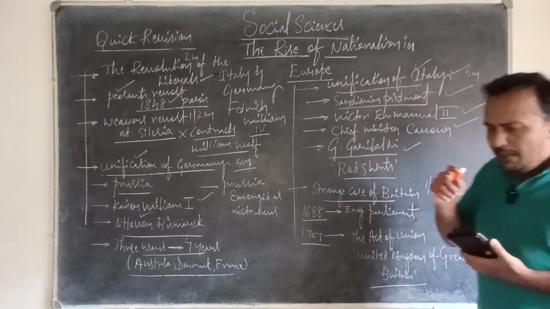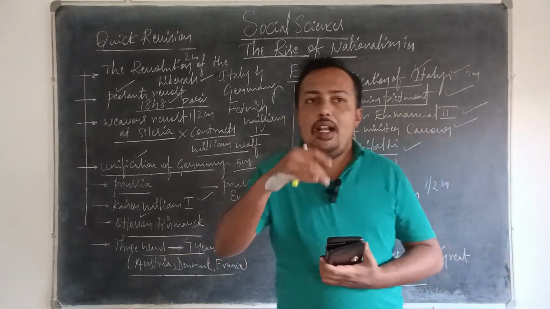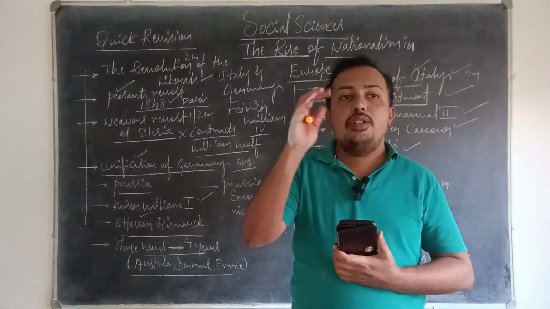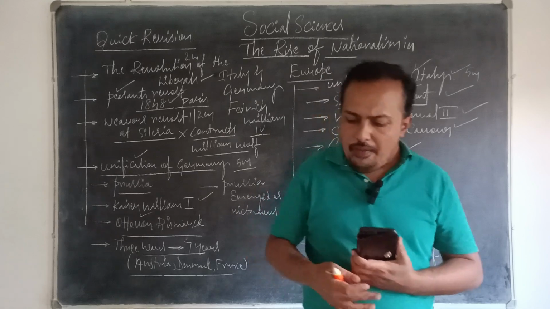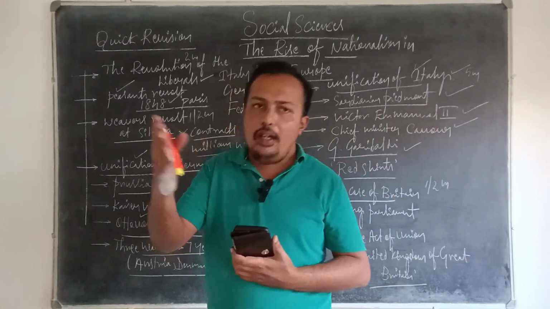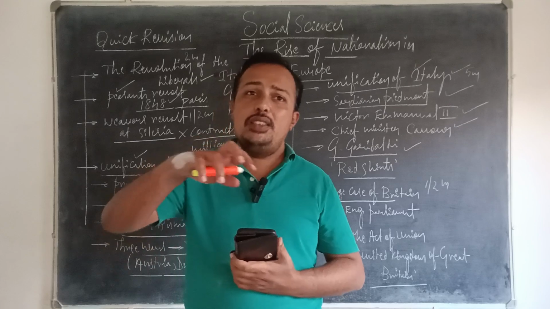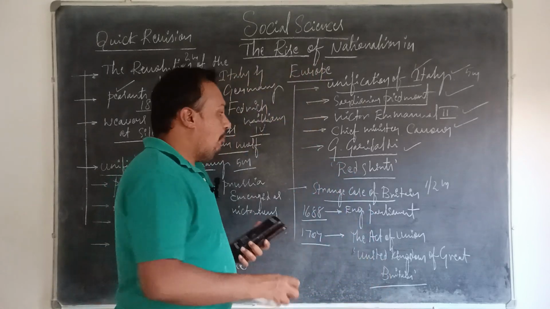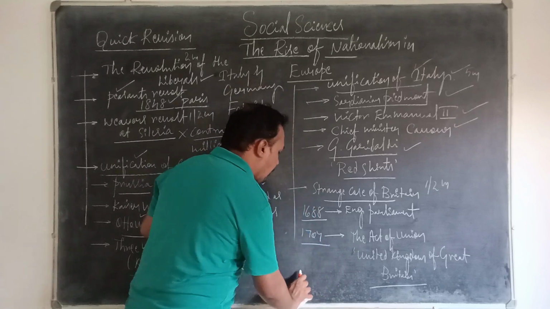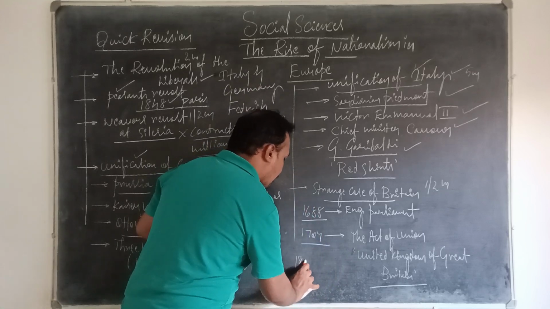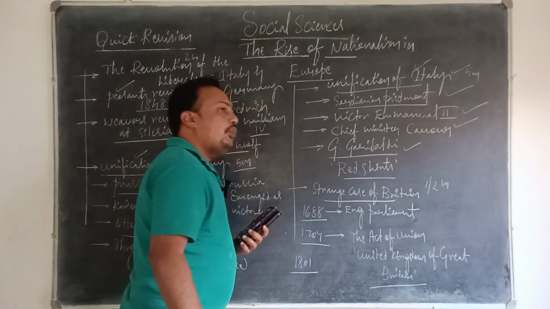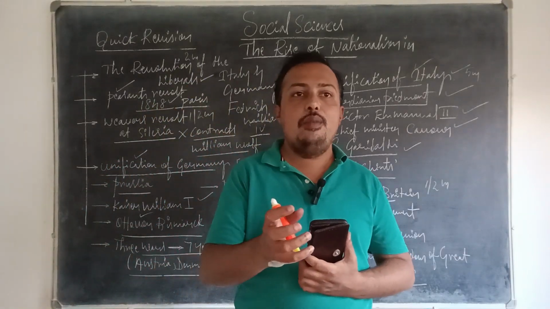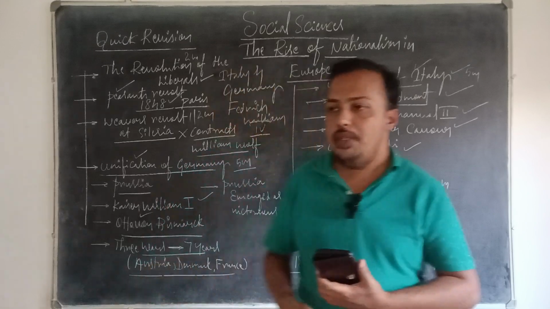And the incorporation of Ireland forcefully during 1801 led to the formation of the United Kingdom of Britain. The northern provinces of Ireland were forcefully merged into the United Kingdom of Britain. When did it happen? In 1801. The forceful merging of Ireland into the United Kingdom of Britain led to the complete formation of what?